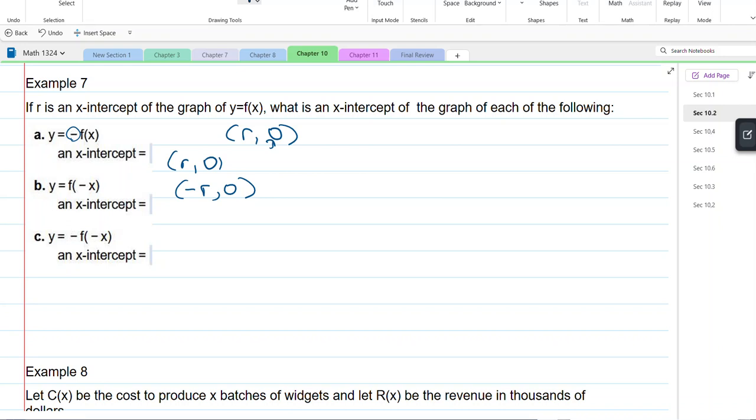And if we do opposite of opposite, well, then we're going to have r and 0 because it's the flip of the negative. So there you go. So we're going to have r, 0. Okay.